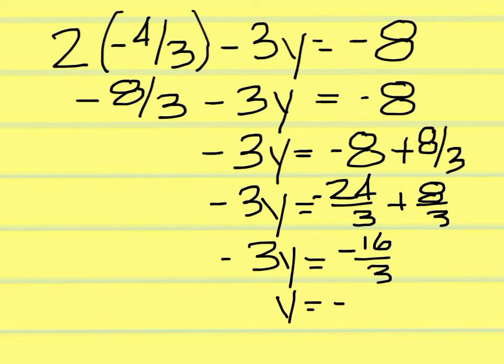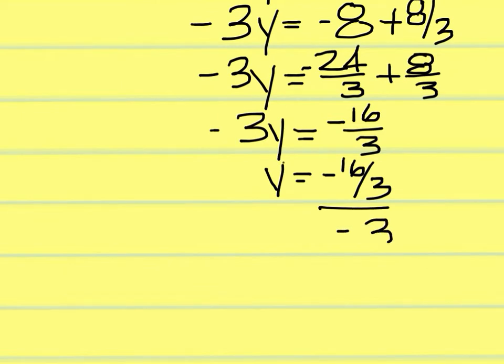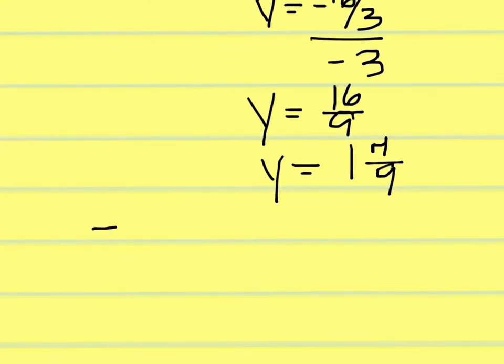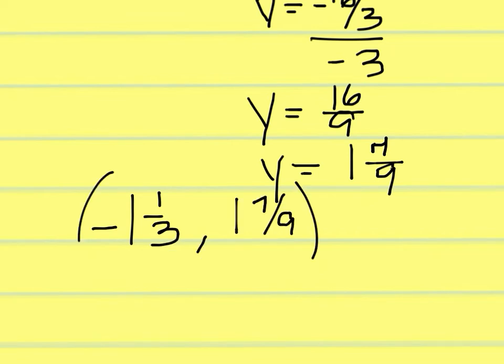If we divide a negative 16 over 3 by a negative 3, it's the same thing as multiplying by 1 over 3, and the negative signs will cancel out. So you'll have 16 over 9, which you can simplify to 1 7/9. So we've put in what essentially was a negative 1 1/3 and got back a 1 7/9 for the first part.